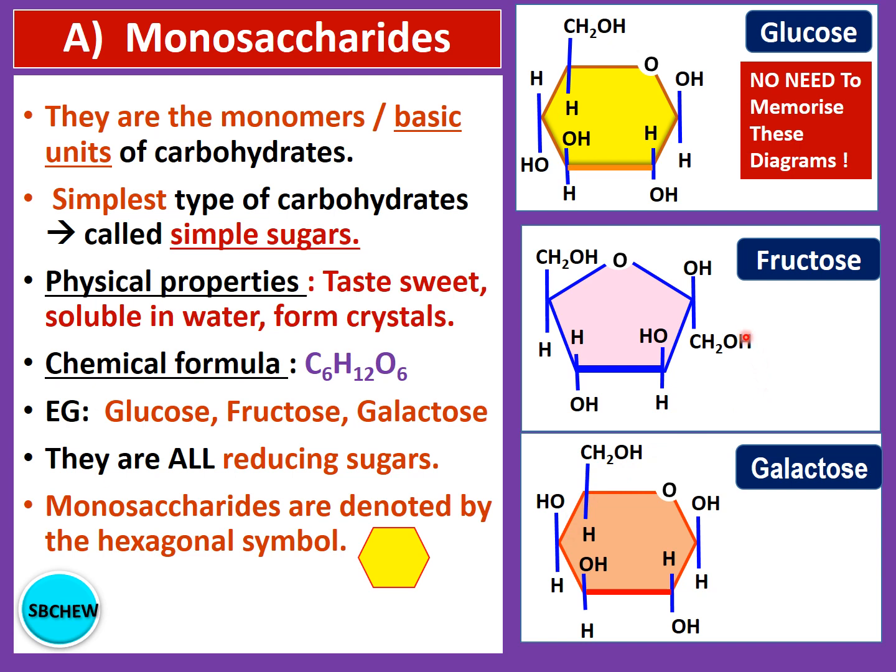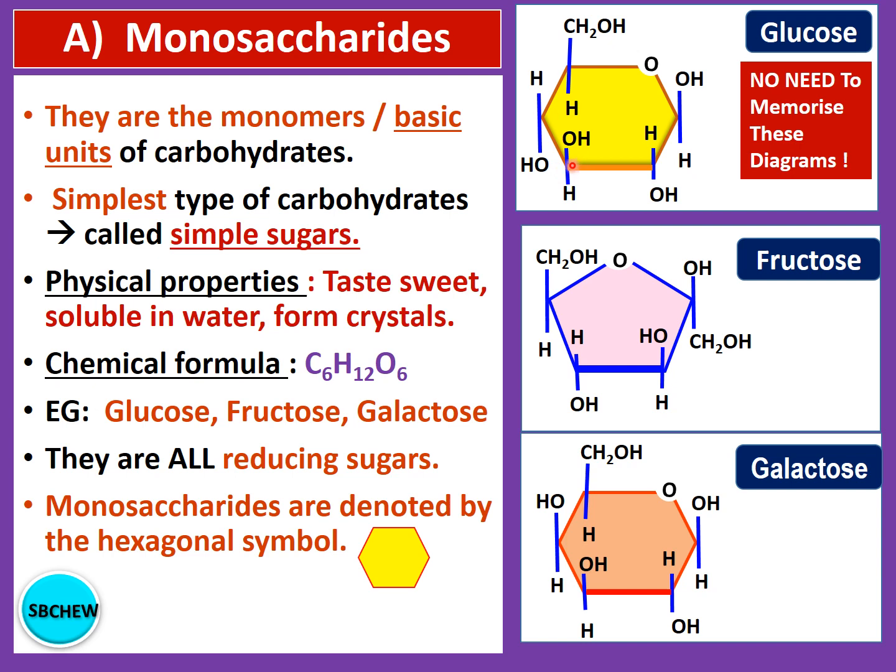The difference between glucose, fructose, and galactose is in the arrangement of the atoms, and it's caused by the structural difference in the molecule. They have different arrangements of atoms. For example, in glucose, we see that it has 6 atoms in the ring here.